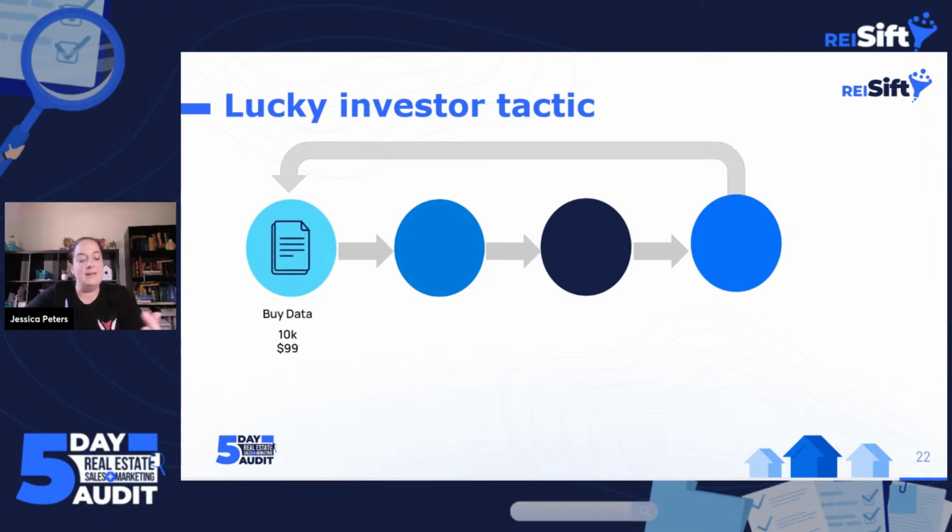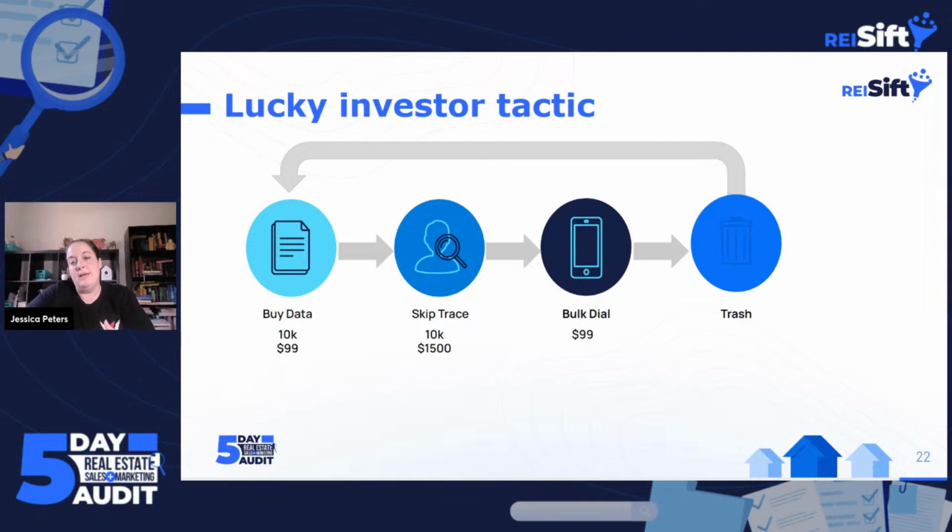So you're going to buy data, and I'm using just some generic prices here. Like PropStream, you can get 10,000 records a month for $99. So you're going to buy some data, 10,000 records. You're going to skip trace it. Maybe that costs $1,500. You're going to bulk dial, and this is probably a generous, cheaper price range: maybe a single line dialer on a bulk dialer, $99 to dial through all of that data.